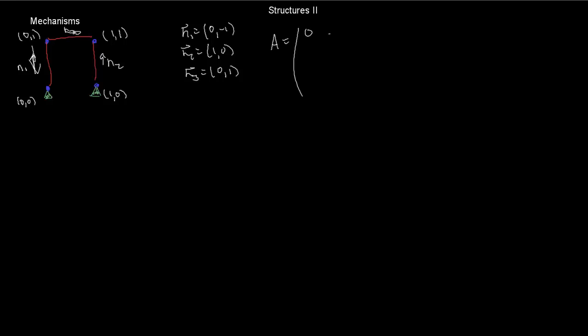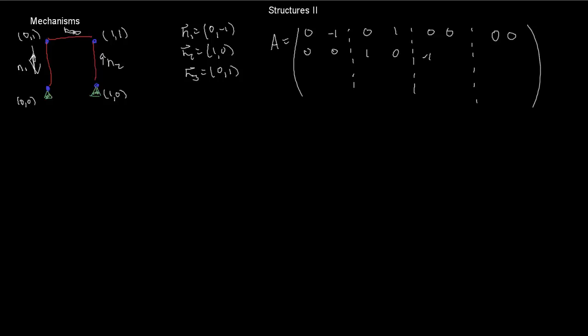And from those I can construct A. We construct this in the exact same way. I put n1 and minus n1 in the first row, corresponding to the first node and the second node.